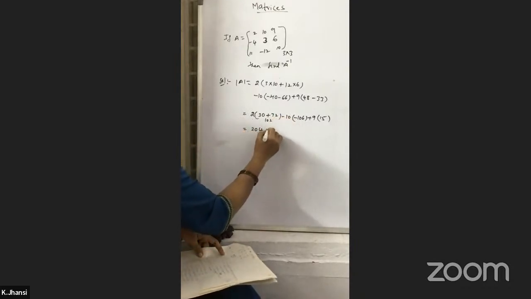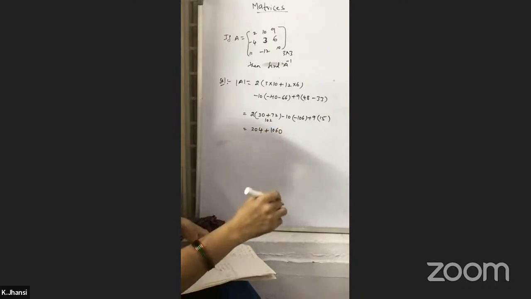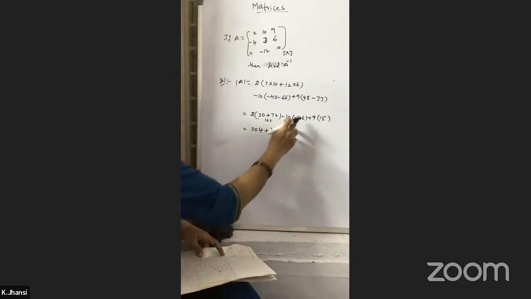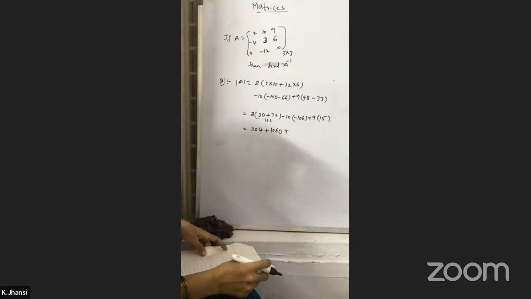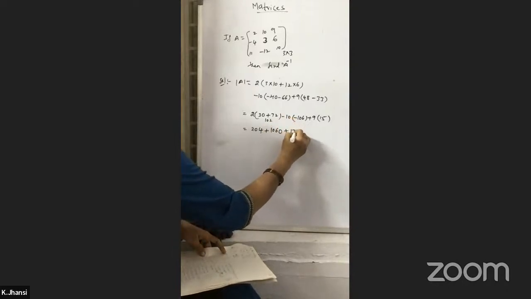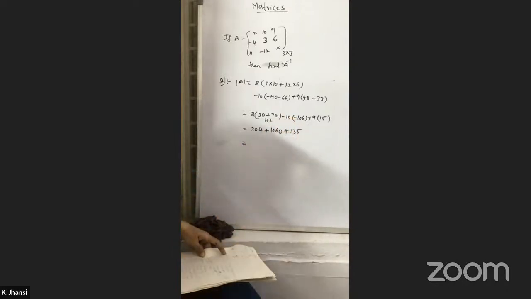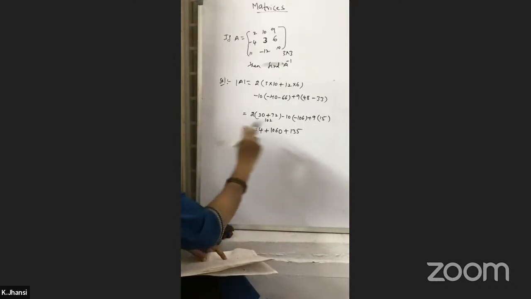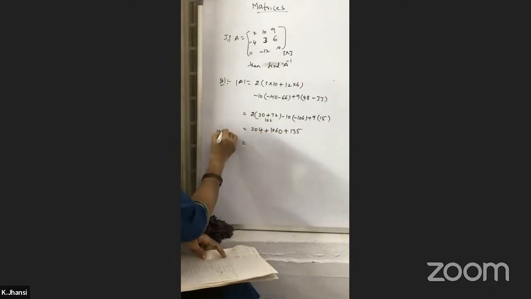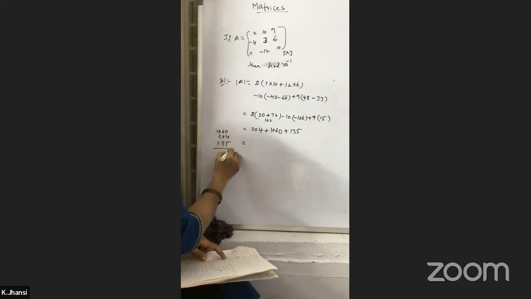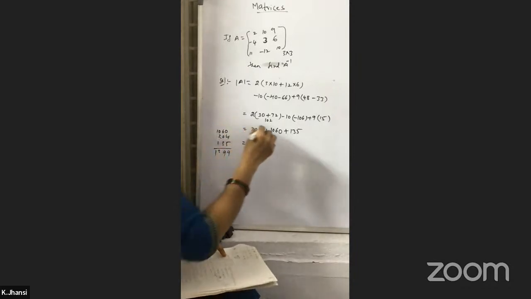Minus into minus is plus: 10 into 106 is 1060. Next this is plus, so 15 nines are 135. So we got all positive values: 204 plus 1060 plus 135 is 1399.